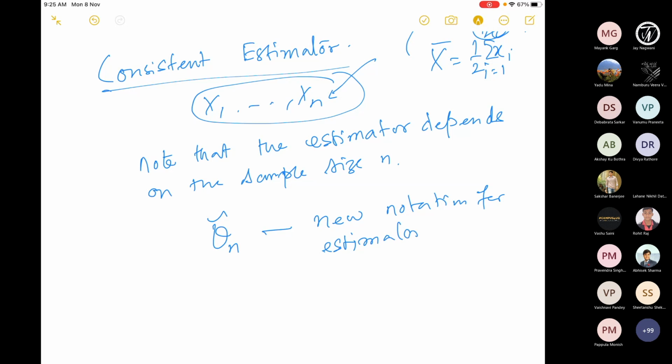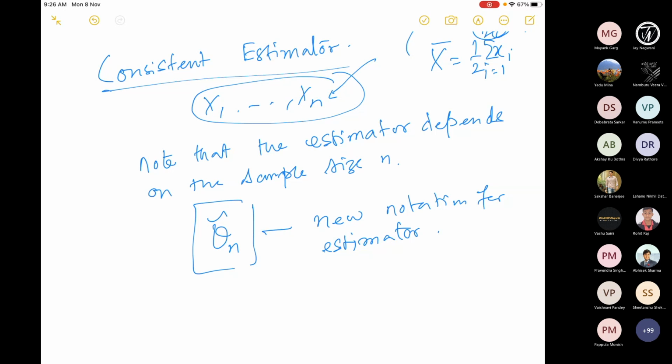That means how many sample data you are using to estimate your parameter. If you are using n, then it is theta hat n. So n could be 2, 3, 4, 10, 100, whatever it is. This estimator depends on the value of n.